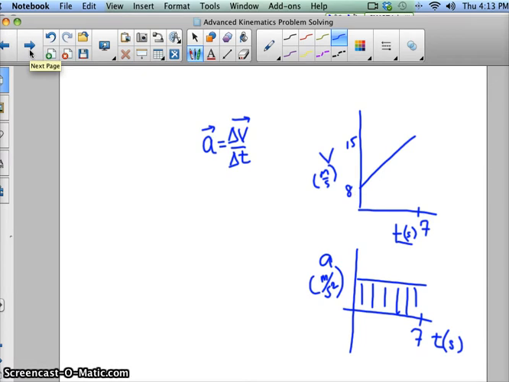So I'm going to take my final velocity and subtract from it my initial velocity. Take my final time minus my beginning time.